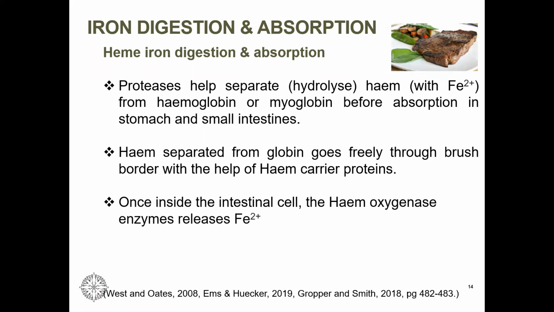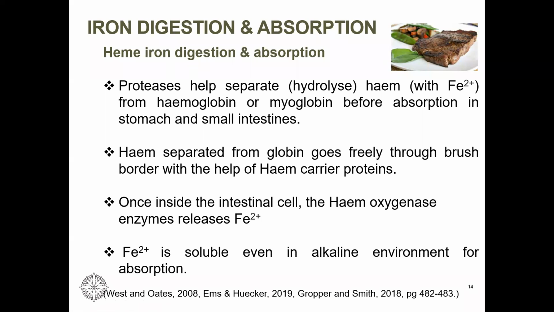So that's pretty easy. When it goes inside, then body can release iron 2 plus from this heme molecule, and we have these enzymes there inside the cell. Now this ferrous is actually quite soluble even in the alkaline environment.